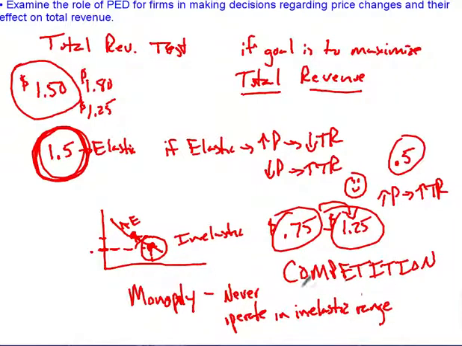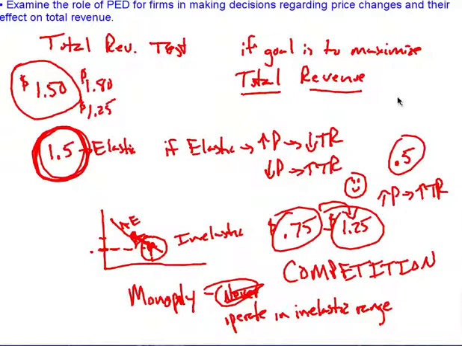Now, you should never use the word never, so we'll say mostly never. But hardly ever operate in the inelastic range, and that's because if they're the only producer, then they can jack up the price and they don't have any competition. So make sure you understand why a business would want to know the price elasticity of demand of their product.